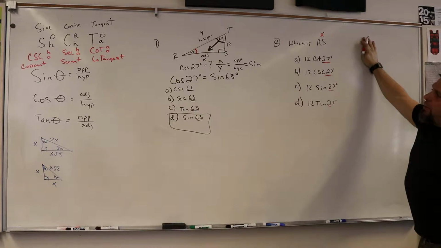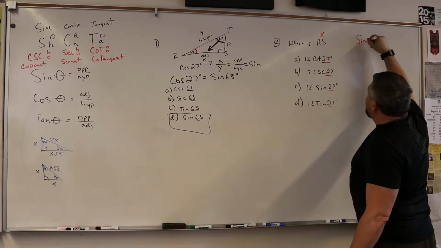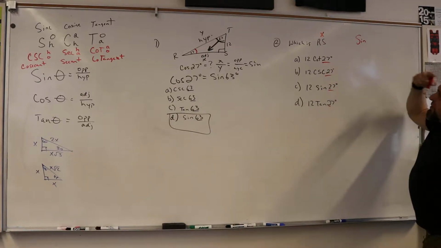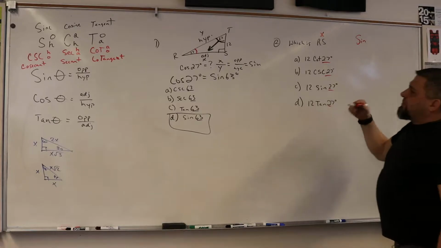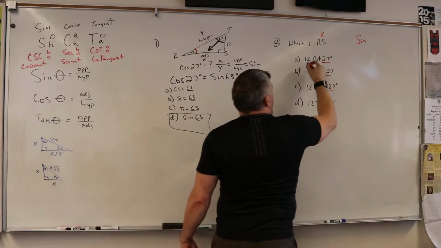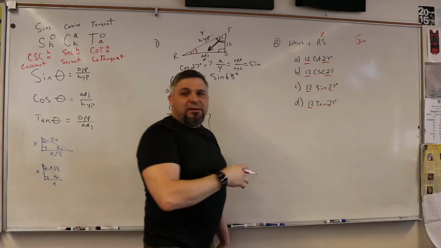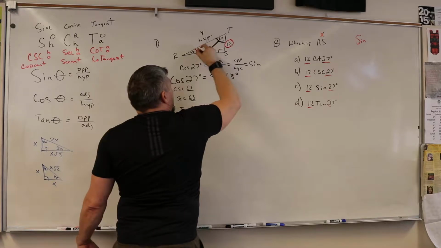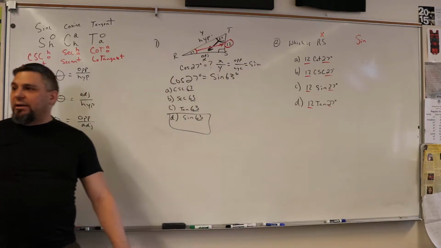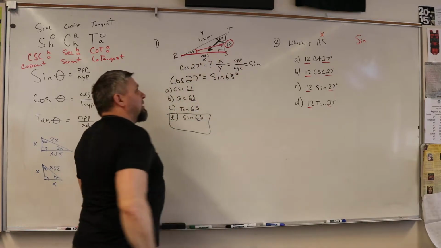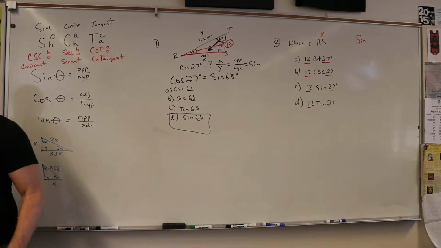Then we got to think, well, we could say the sine of 27 degrees, the cosine, cosecant. So the first thing we got to think about is when we're talking about 27 degrees and we're talking about 12, because obviously they want 12. So we're talking about 12. That's opposite, and we're talking about RS, which is adjacent.